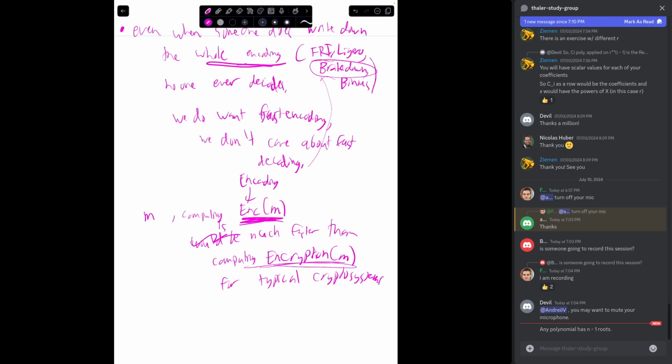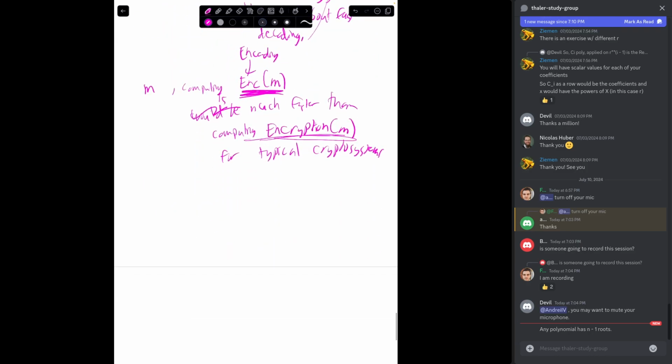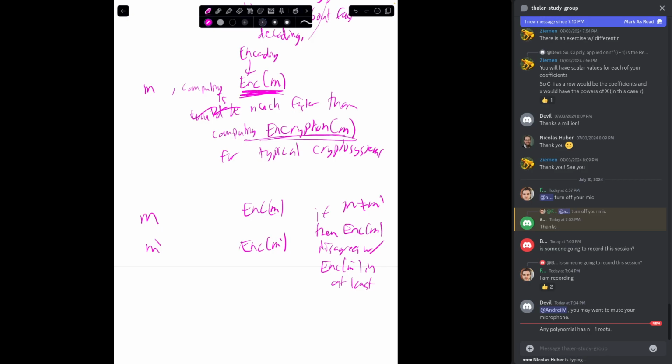But the other thing I'd have to think about, which is probably not a big deal, is that with encoding, the security of the snarks is going to rely on the fact that if I take any two messages M and M prime that are not the same, and I look at their encodings, then for sure, if M does not equal M prime, then enc M disagrees with enc M prime in at least, it depends obviously on the code, but let's say at least 3/4 of coordinates or something.